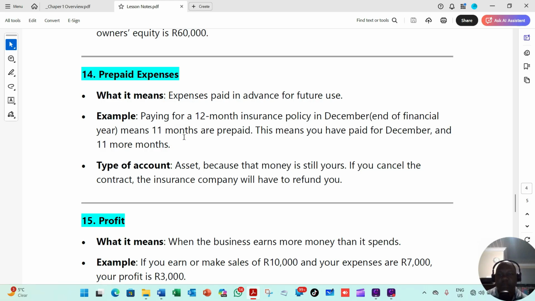So the extra 11 months that we've paid for, that money is called a prepaid expense. And it is an asset because we can claim it back. If we cancel a contract with this insurance company, then they will have to refund us. So it is our asset.